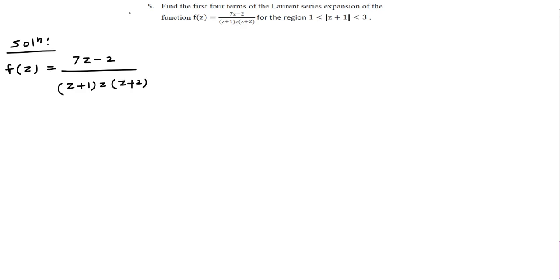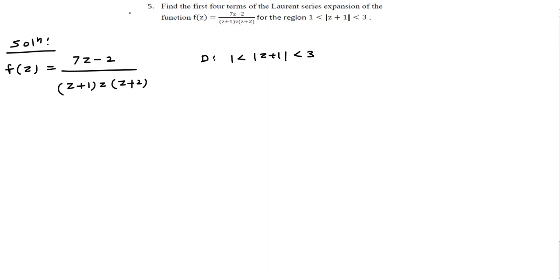So now this problem is same as previous in the problem 5. So let us consider the given function f(z) = (7z - 2)/(z + 1) z (z + 2), and the given domain, that is a region, that is 1 < |z + 1| < 3.